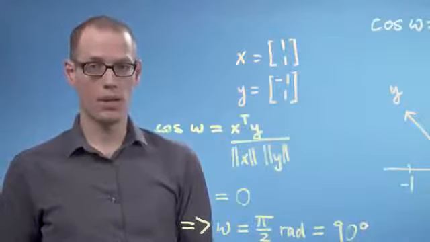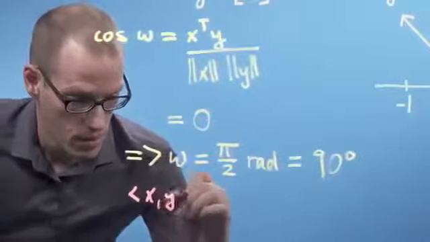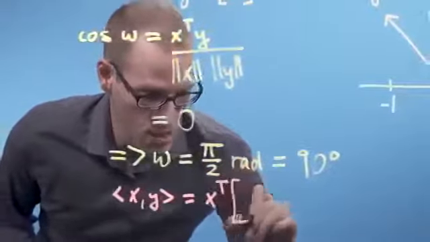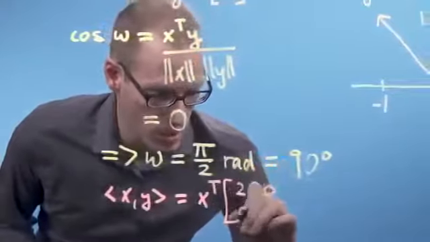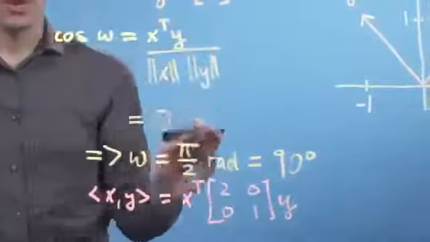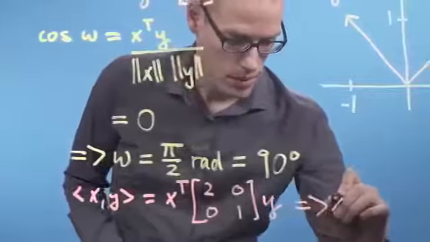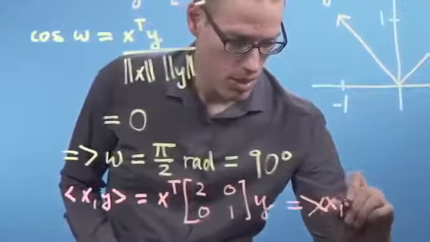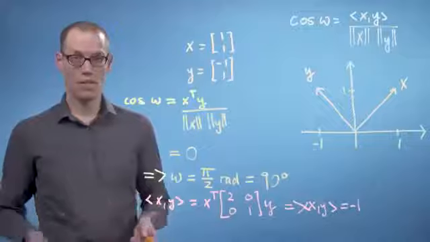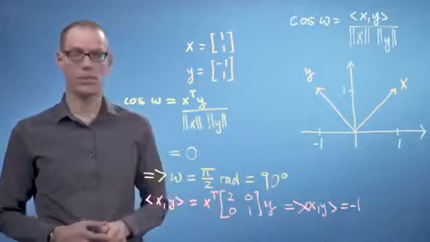In particular, we choose the inner product between x and y to be x transpose times the matrix [[2, 0], [0, 1]] times y. If we choose this inner product, it follows that the inner product between x and y is -1. This means that the two vectors are not orthogonal with respect to this particular inner product.